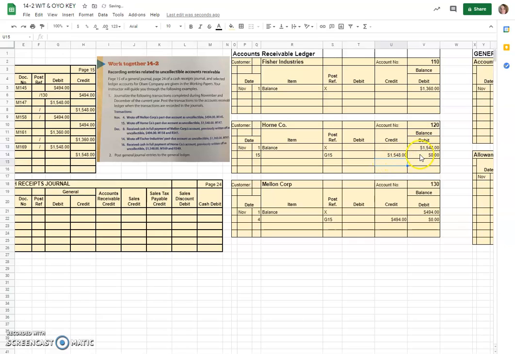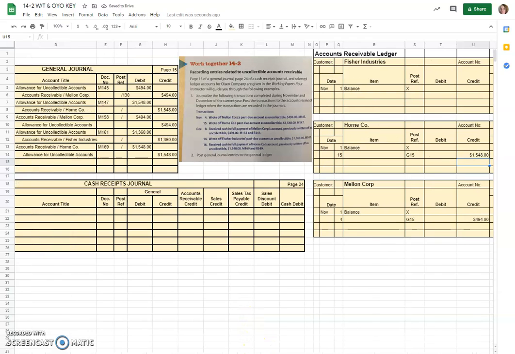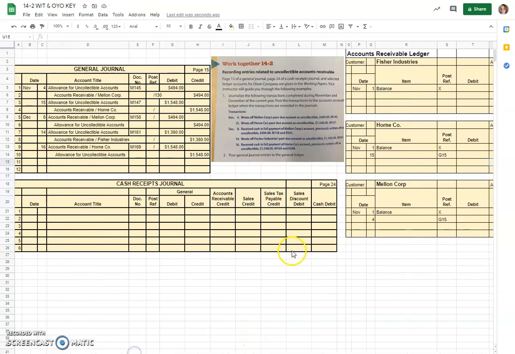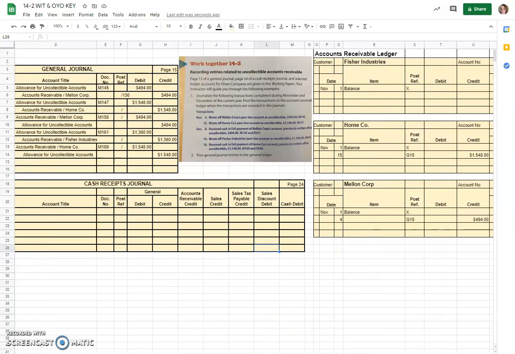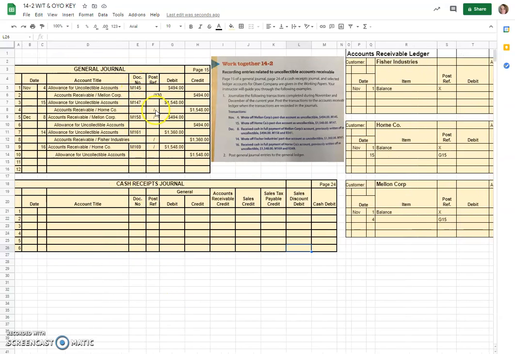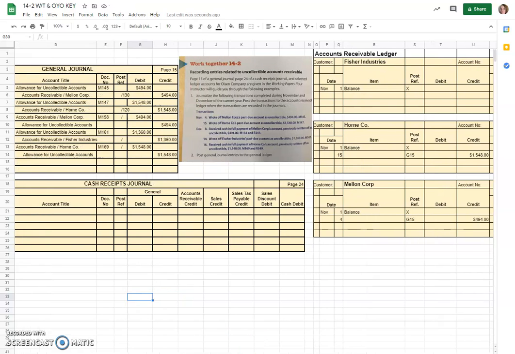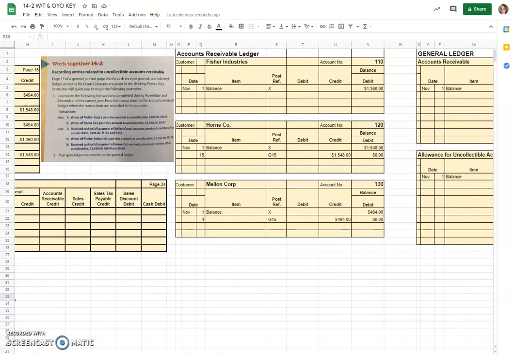Obviously it zeroed it out because we're saying we're not going to collect that one, so they don't owe any more there. And that was customer number 120, I believe. Yep. So we'll put that here because it is posted. Now we go back to Mellon Corp and we got $494 from them. So that was on December 8th.